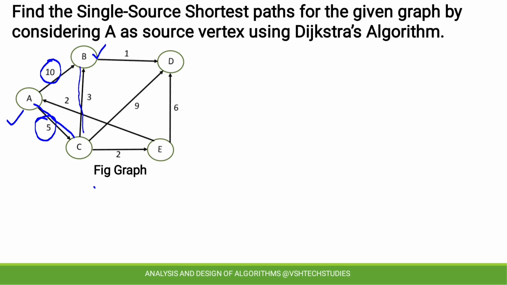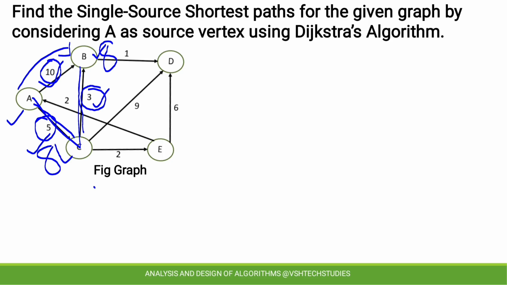C to B 3 lakhs. So 5 plus 3 it will be 8. But from A to B if you move directly the cost is 10 lakhs. Which is smaller? Going from A to C, C to B costs only 8 lakhs, that is cheaper.